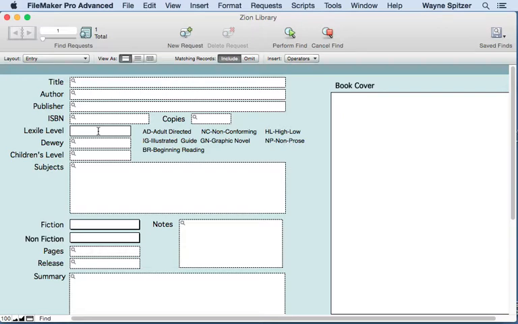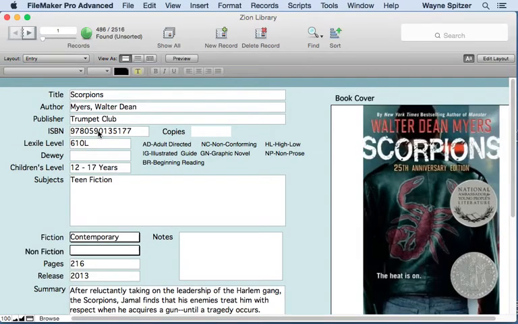All right, 650, so let's do a search for greater than 550 and less than 700. Look at that. 486 books out of the 2,516.